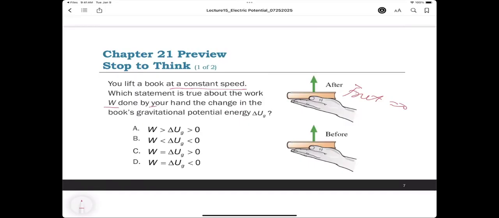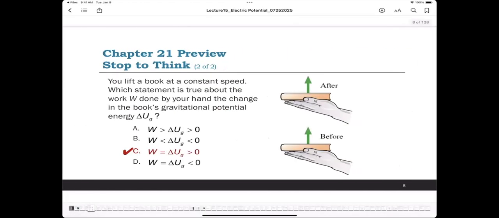The work done by your hand will equal the change in the book's gravitational potential energy, delta UG. It should be greater than zero because the book goes up. So the answer should be C. Does that make sense to you?